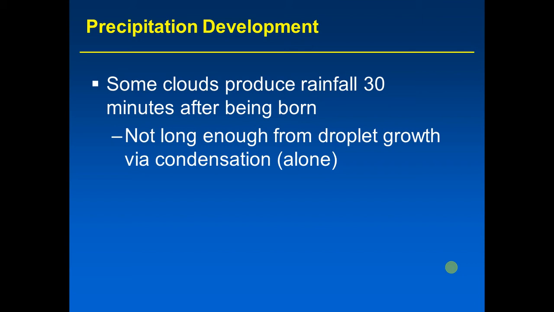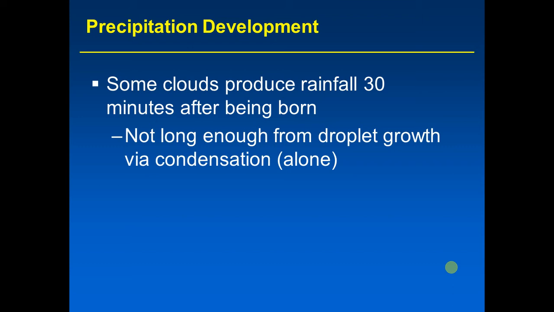But growth of cloud droplets via condensation is too slow to form these large raindrops. It would take hours and hours, up to a day, to form raindrops from that process alone. And as you can see, some clouds start producing rainfall not very long after they form. So there have to be some other elements to the story.